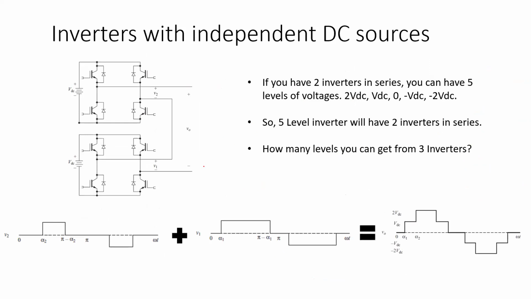So you put these two in series. So what we have done here is, let's say this is neutral. So this is V1, and this one, since this is connected here, will also be V1. So this is V2.